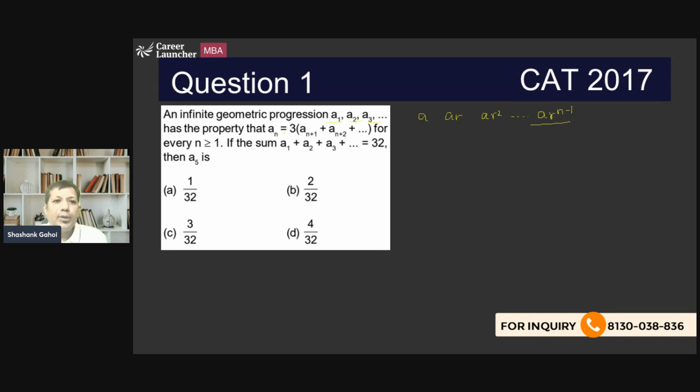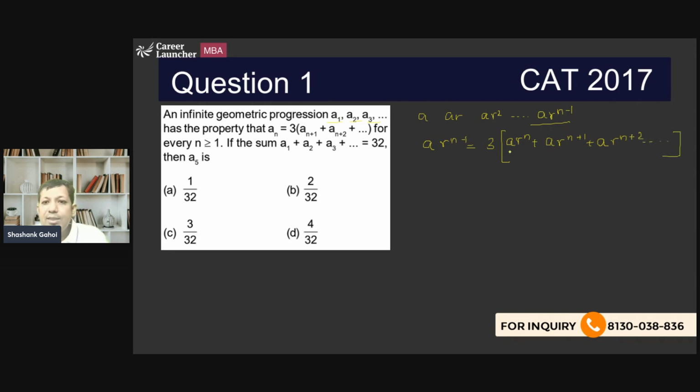Now it says that an, AR power n minus 1, is equal to 3 times the sum of an plus 1 onwards. So the n plus 1th term is going to be AR power n, plus AR power n plus 1, plus AR power n plus 2, and so on. So this is what is given to us.